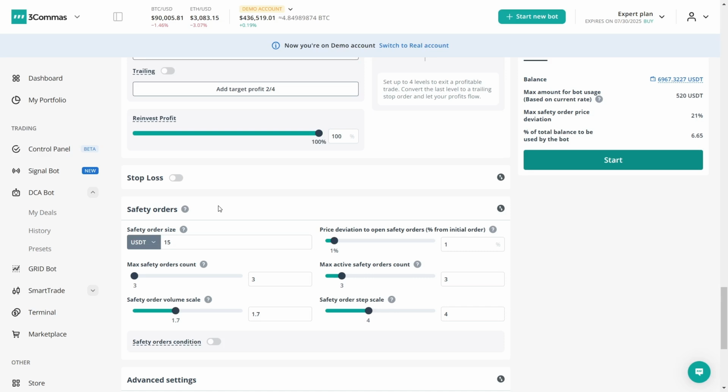So let's suppose you bought some asset at 10 USDT and the price dropped to 9 USDT. So you buy twice more at 9 USDT and your average price will be below the 10 USDT you bought at first. So when you hit your target, your profit will be even more than before.